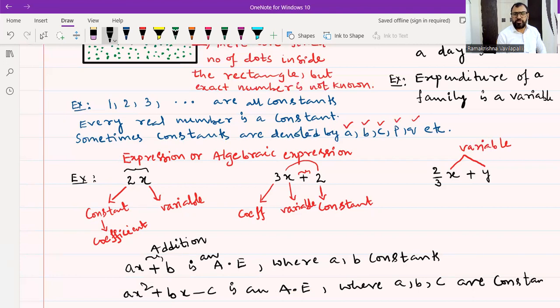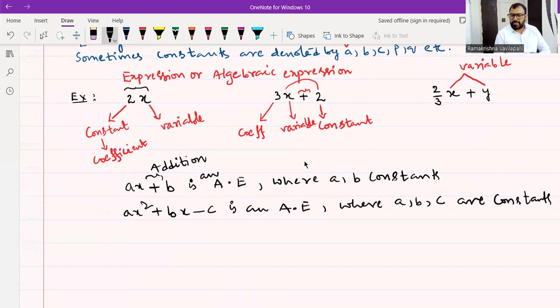So in this way, you can create your own algebraic expressions. You can take any kind of variable.